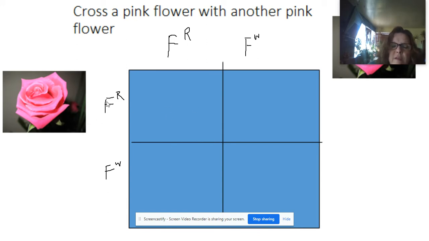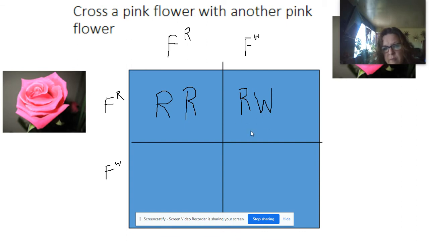Okay, so this flower is going to get an R for red from that parent and an R for red from that one. So you're going to get a red flower back here from those two pink flowers. And here you're going to get a red and a W.